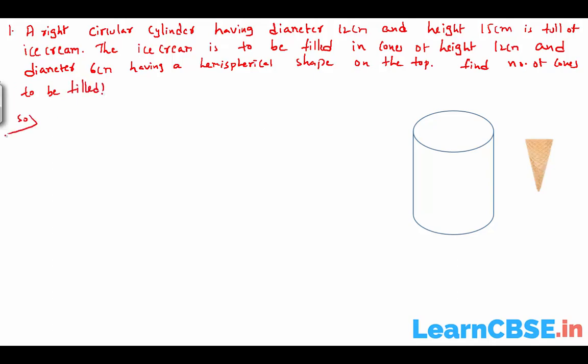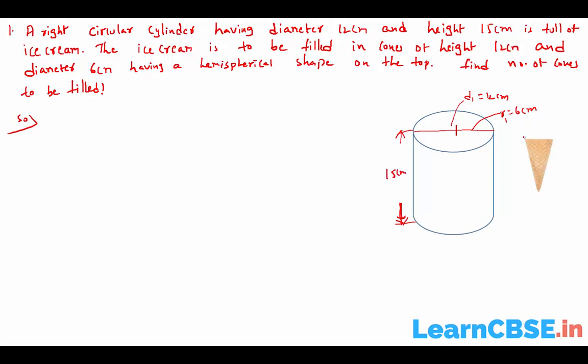Solution. Now, given diameter d1 equals 12 cm, that means the diameter of the cylindrical portion, then radius r1 equals half of that, 6 centimeters, and the height of the cylindrical portion, that means the cylindrical tin, is 15 centimeters.